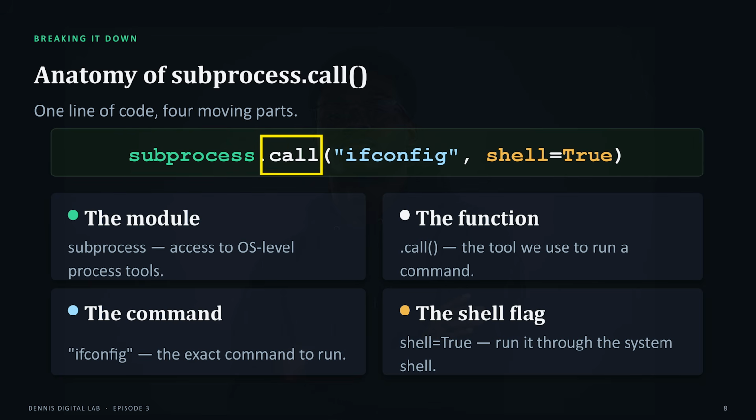That's the function we are calling from that module. And then we have ifconfig. That is simply the Linux command we want Python to execute, the one we were doing manually. We want the .call function to execute the ifconfig command for us. And finally, we have shell equals true. This tells Python to execute the command through the system shell.